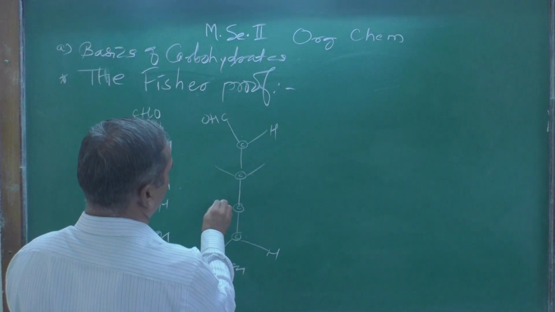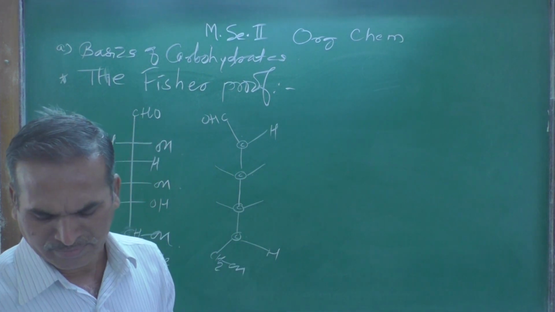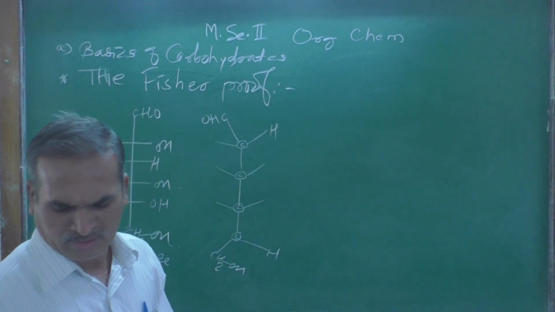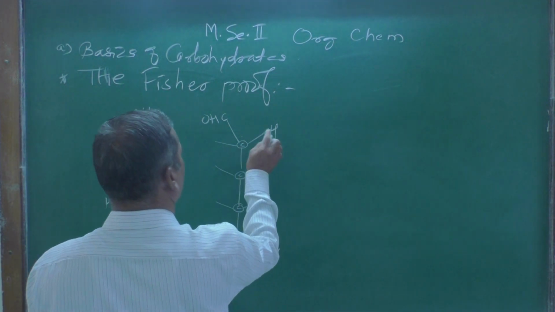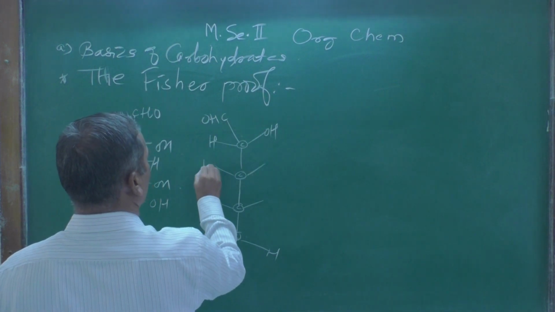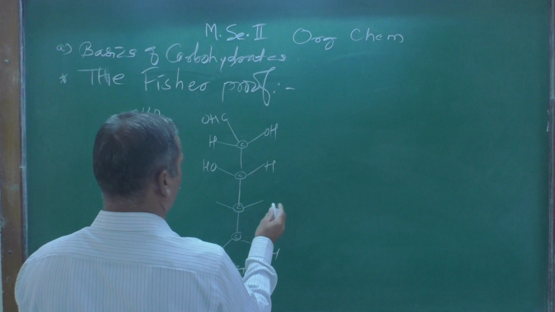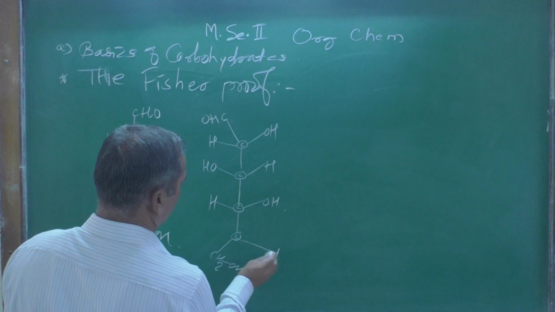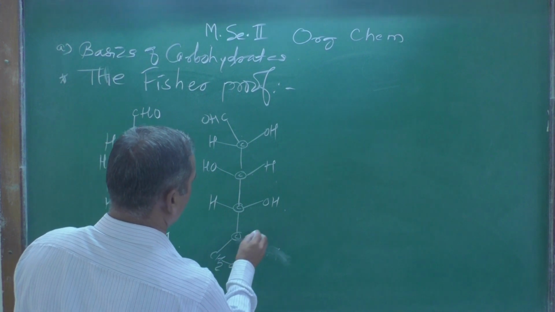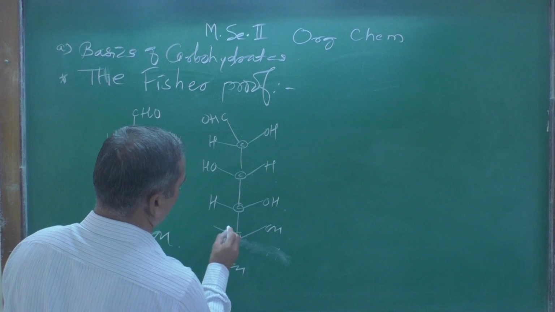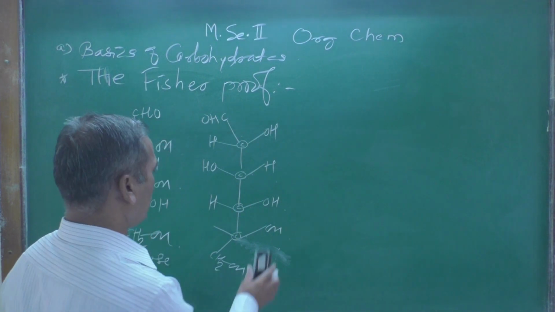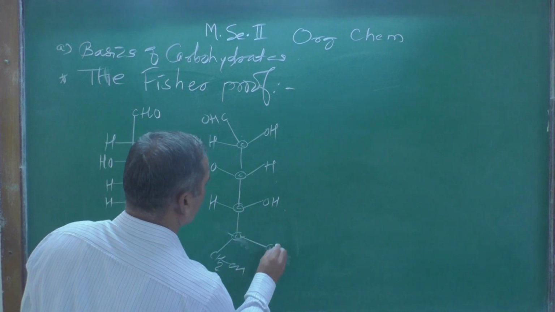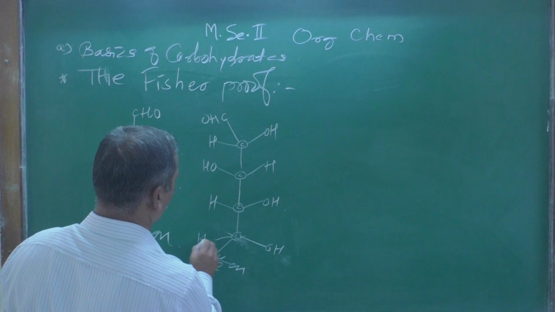The OH group is on the right-hand side, hydrogen over here, HO over here, H, then OH here, H, and OH downward, and maybe a hydrogen atom here.